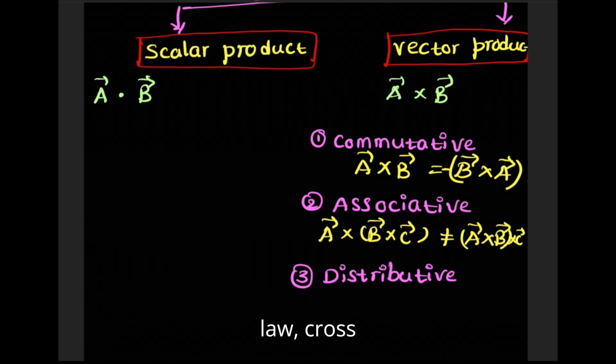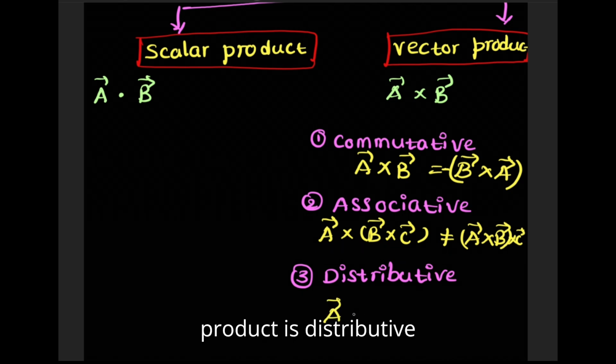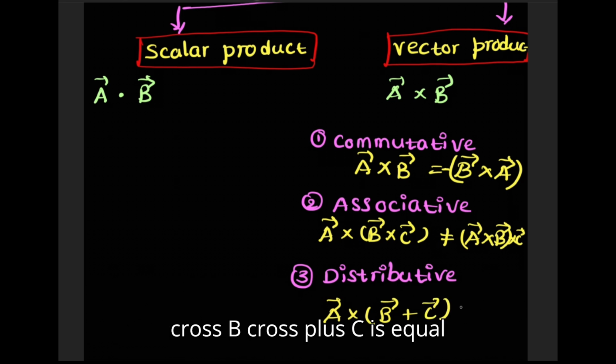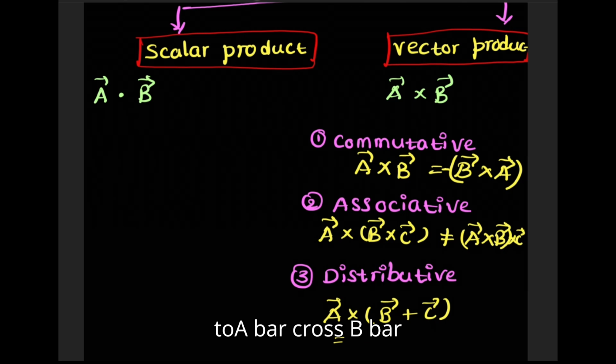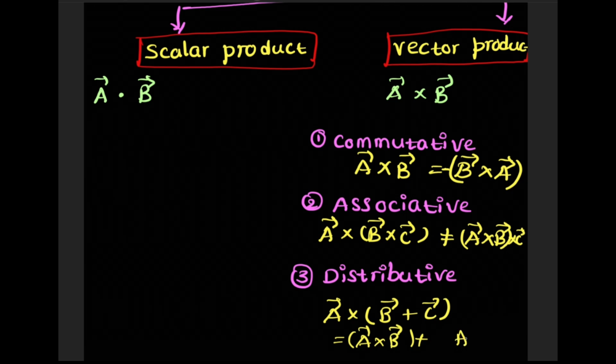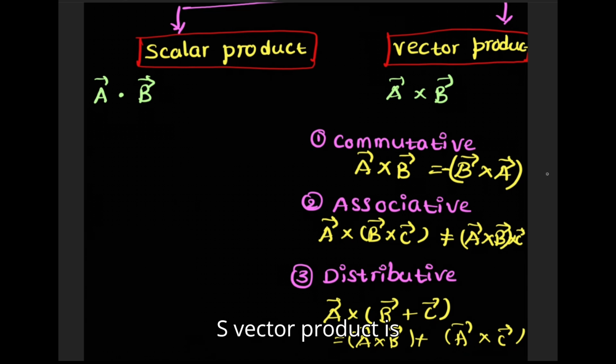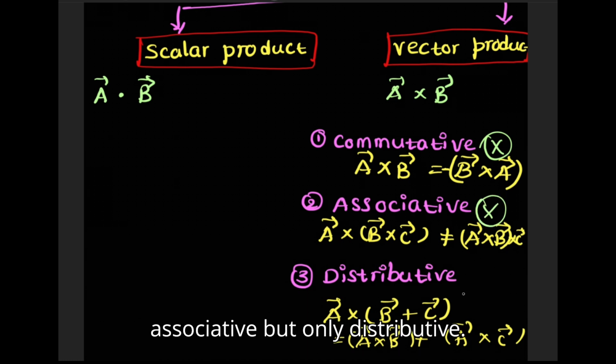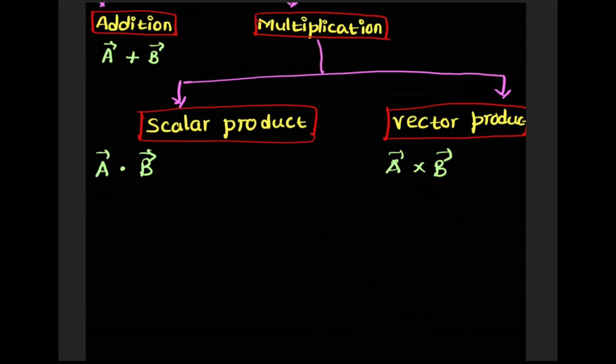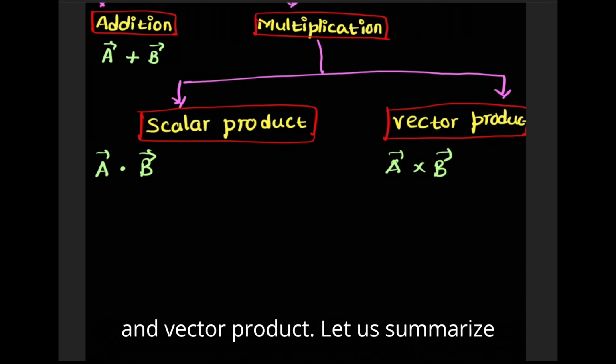And coming to the distributive law, cross product is distributive across vectorial addition. That means a cross (b plus c) is equal to a bar cross b bar plus a bar cross c bar. So vector product is non-commutative, non-associative, but only distributive.